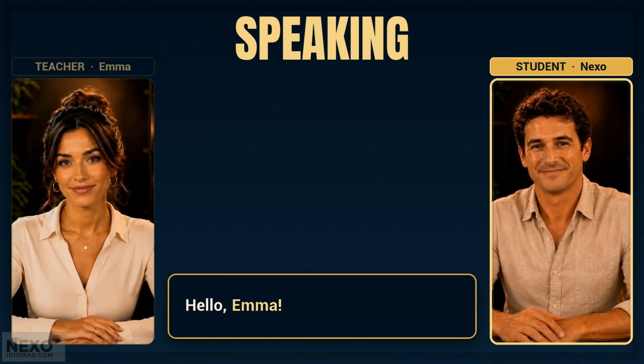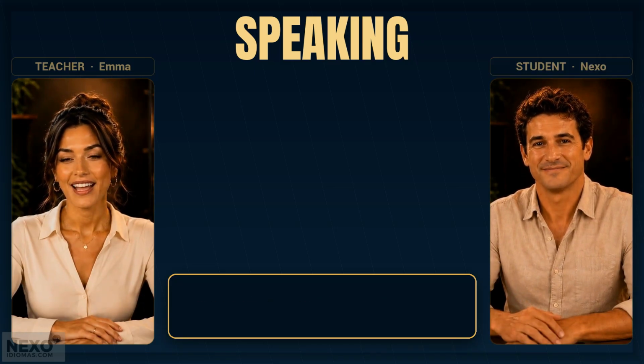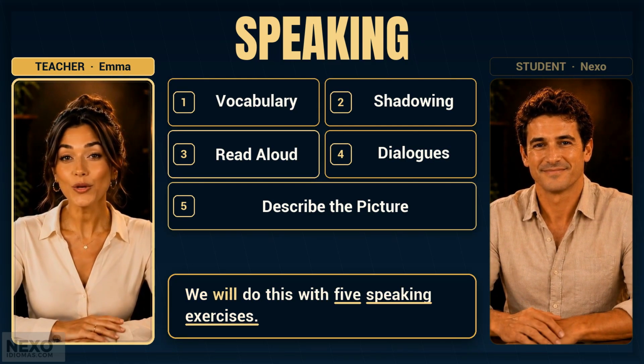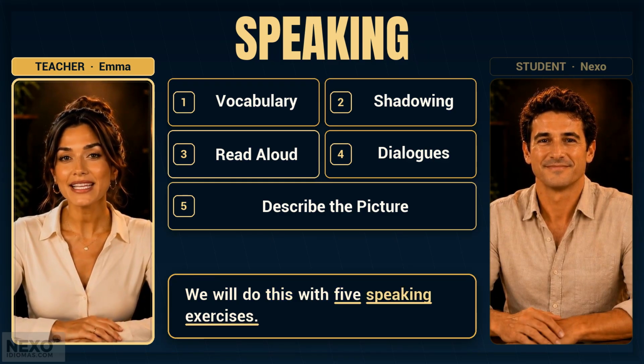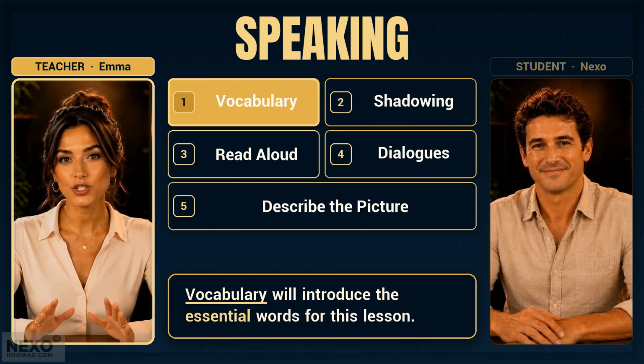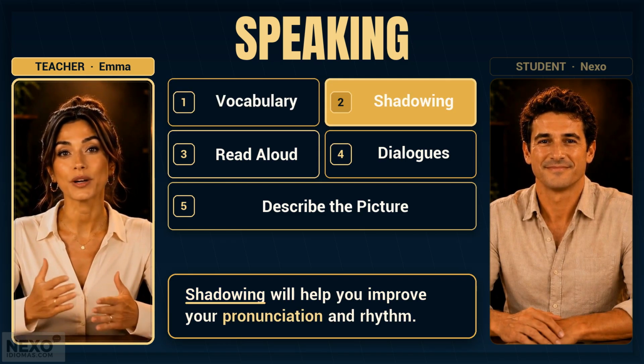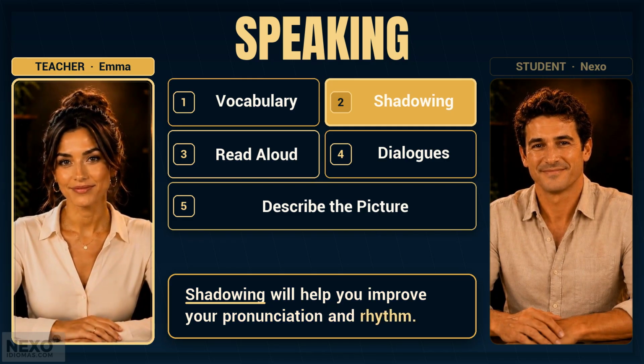Hello, Emma. I am ready to practice speaking. Excellent. We will do this with 5 speaking exercises. Vocabulary will introduce the essential words for this lesson. Shadowing will help you improve your pronunciation and rhythm.